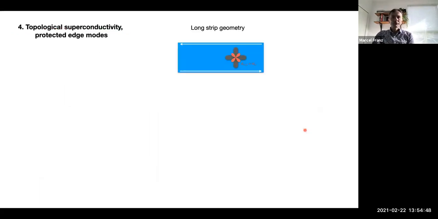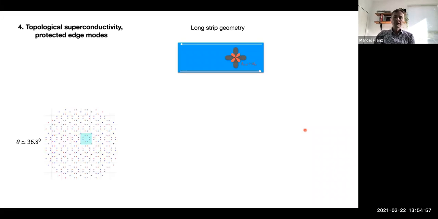Okay, so I mentioned this is topological superconductivity. How do we know this? Well, there's quite a bit of literature, or you will find discussion of this d plus id superconductor in several papers dating back to the late 90s and early 2000s.